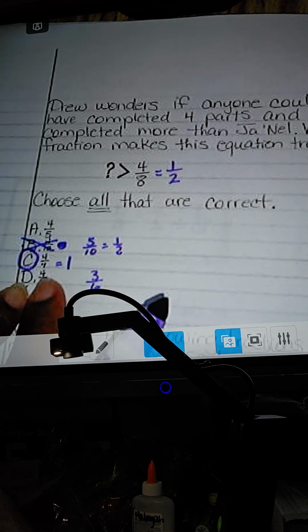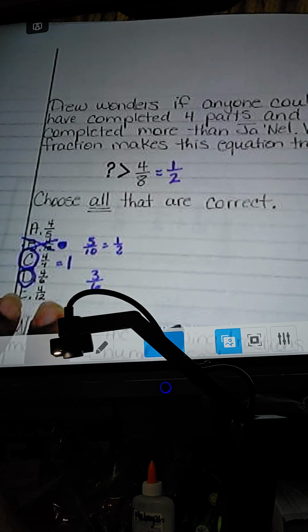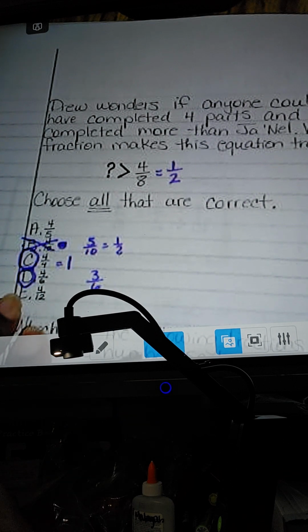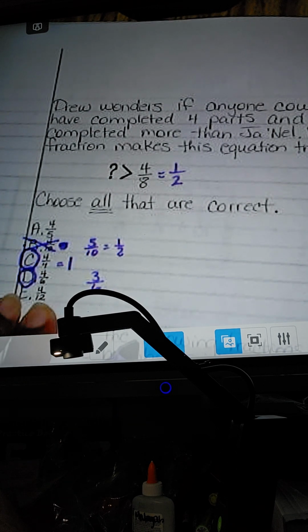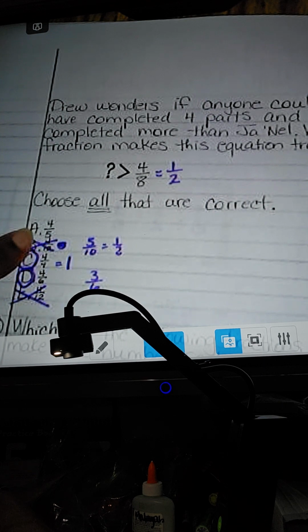If 3/6 is equivalent to 1/2, then 4/6 is greater than 1/2. And then we have E, which is 12. What's 1/2 of 12ths? 6. So 6/12. And this is 4/12. Is 4/12 greater than or less than 6/12? It's less than. So I know that that's not equal. So we go back to that 4/5.